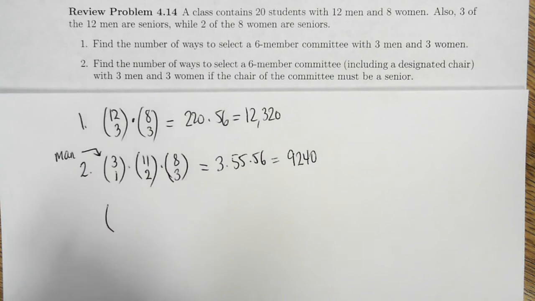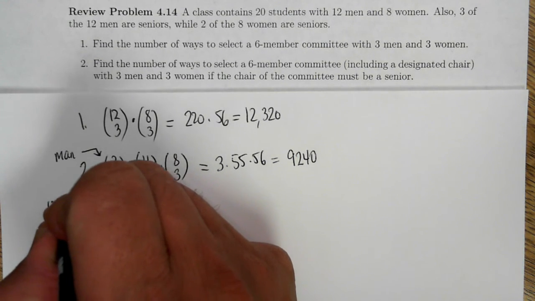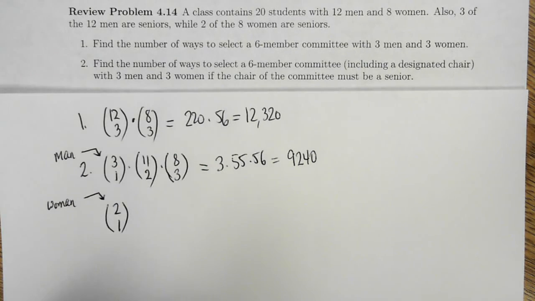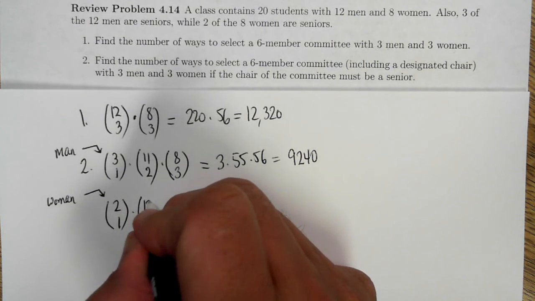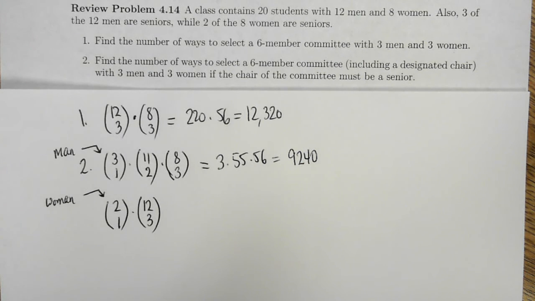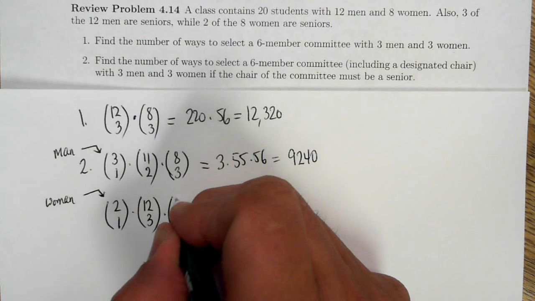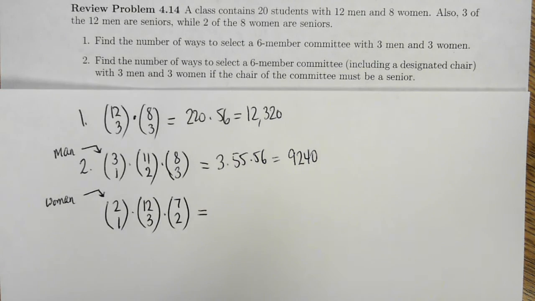Now the other way that this can happen is if the committee chair is a woman. Now there's only 2 senior women that are available. Then, if we pick the 3 men out of the 12, and then we pick from the 7 remaining women, we pick 2 of them to round out the committee.